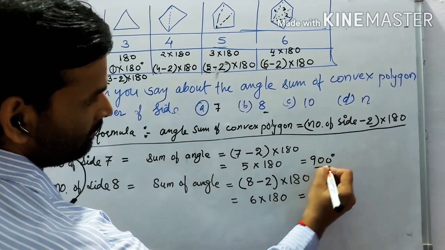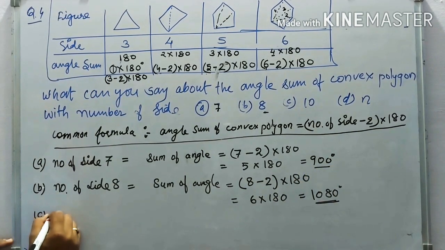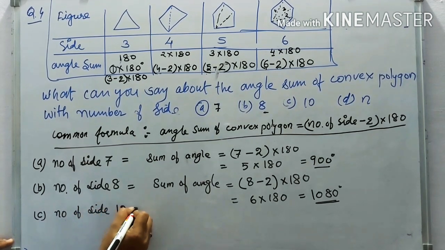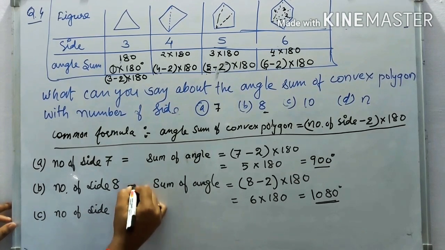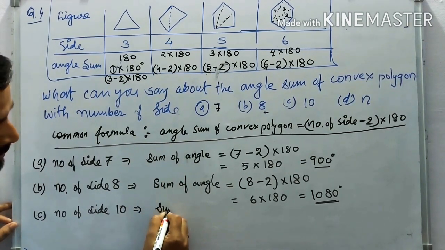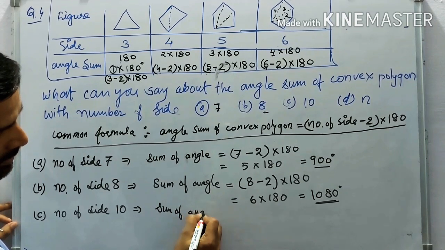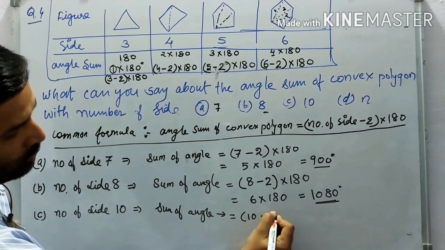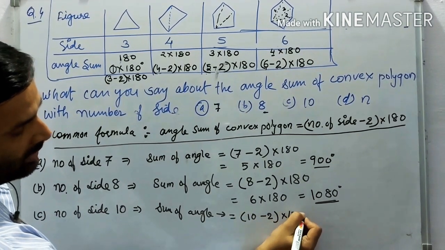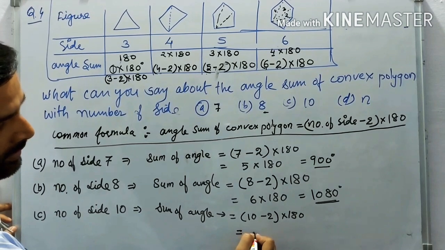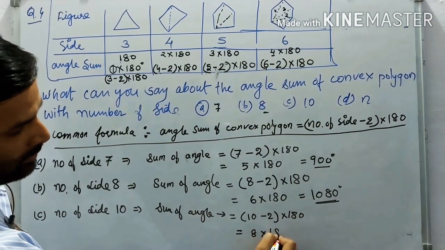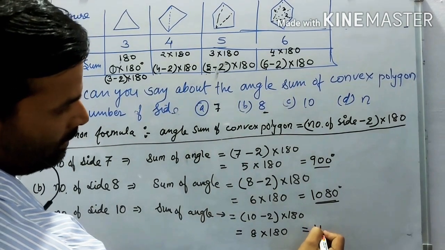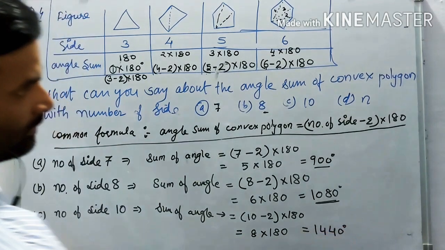The sum of angles is (10 minus 2) into 180, which is equal to 8 into 180.